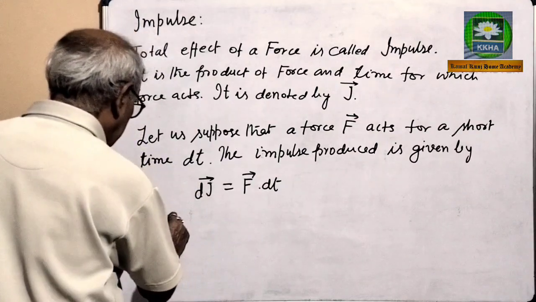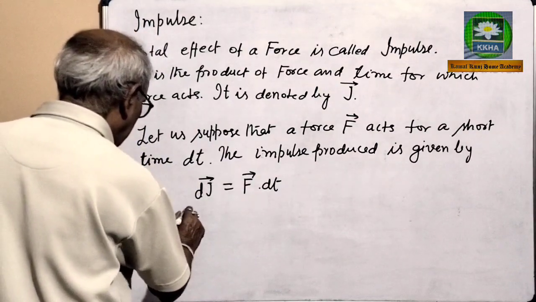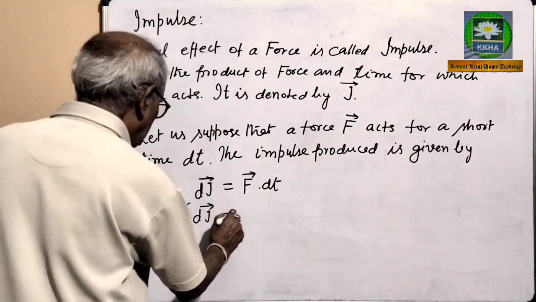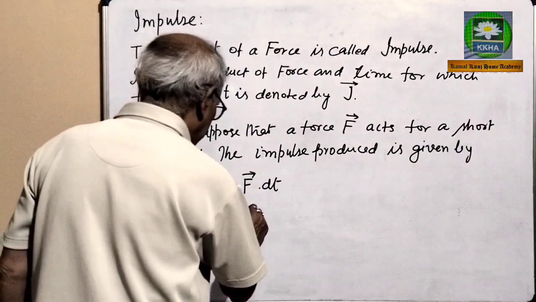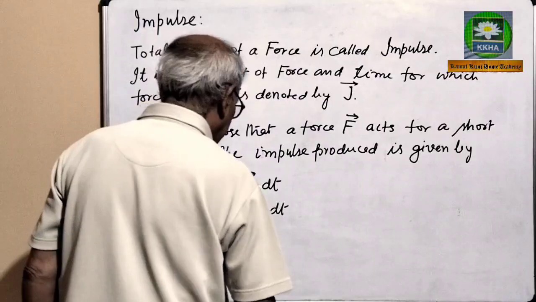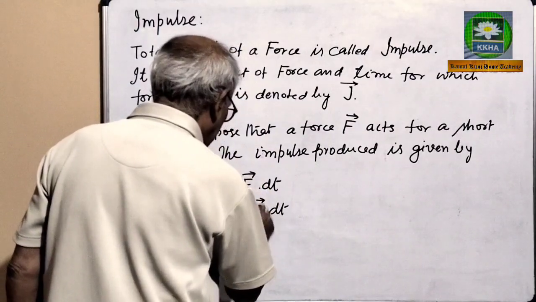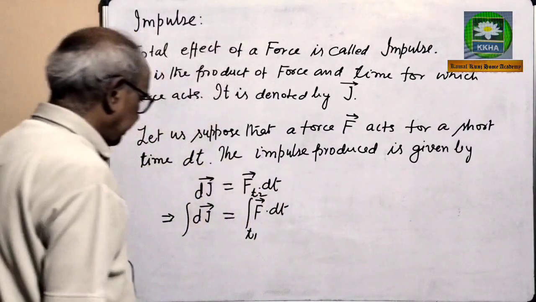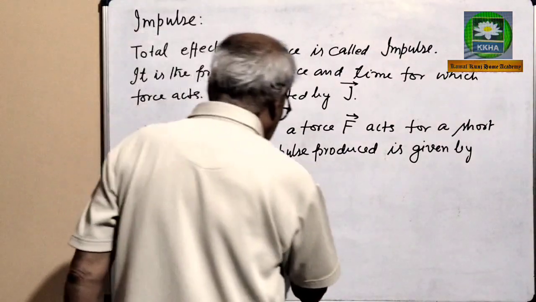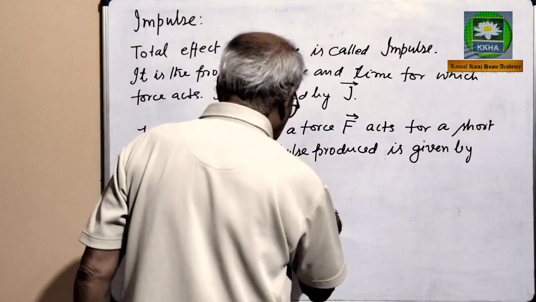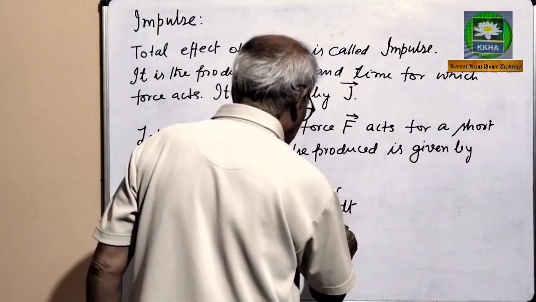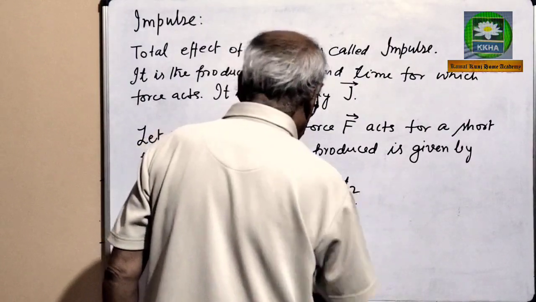And if we integrate, this implies that J is equal to the integral of F dt from t1 to t2. Now if force is constant, it can be taken out, so this is equal to F times the integral of dt from t1 to t2.